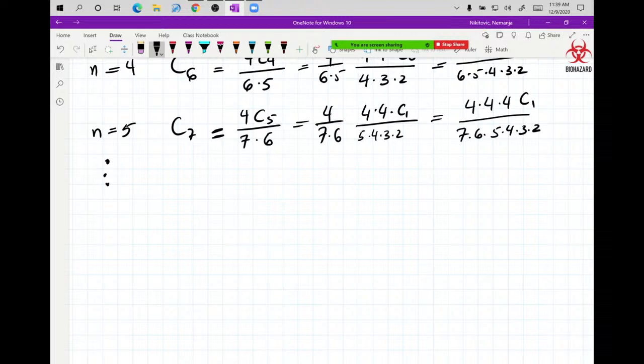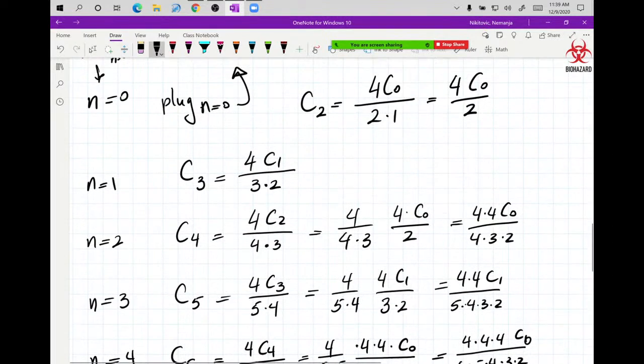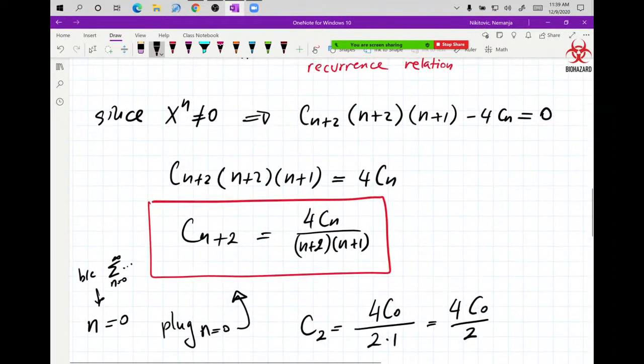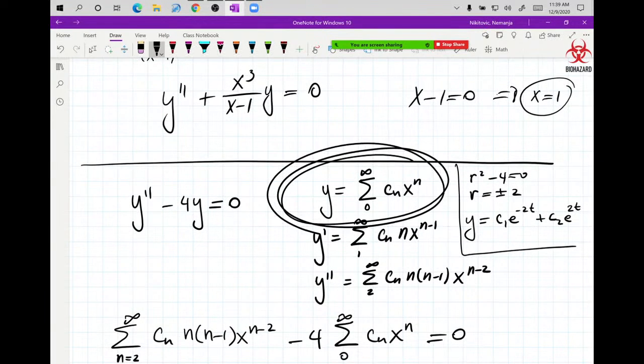Again, what do we now have? Well, my solution is the power series. Didn't we say that right here? And what I've done underneath is I just computed C0, C1, C2, C3. I got them all.